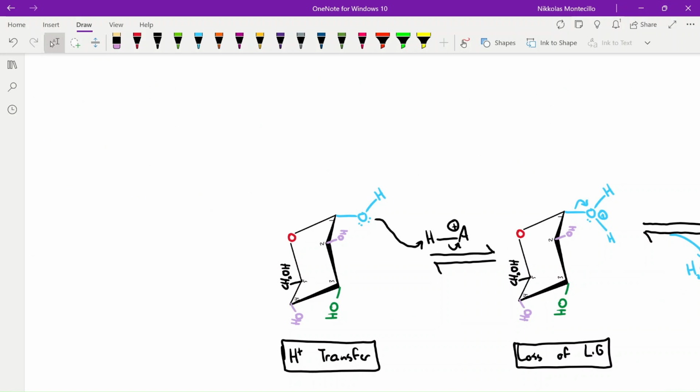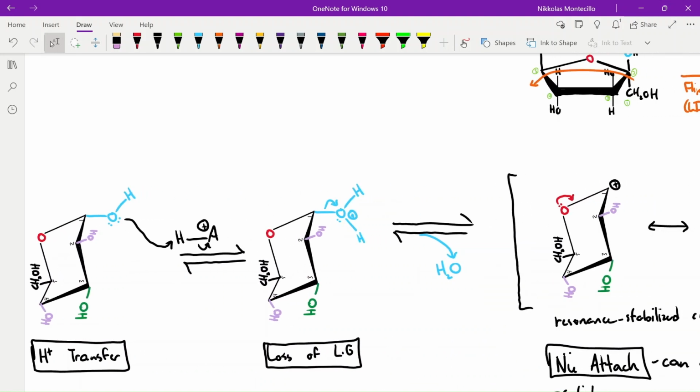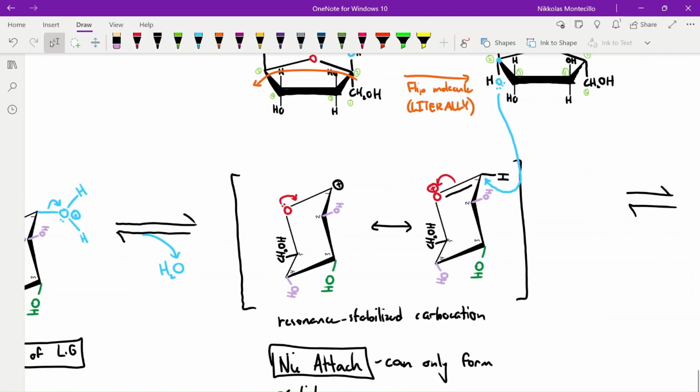So we can see here that the hydroxyl group of glucose is protonated by an acid, followed by the loss of the leaving group, which is a hydronium ion, forming the resonance stabilized carbocation that we typically see.